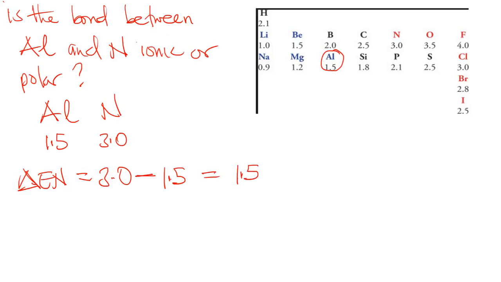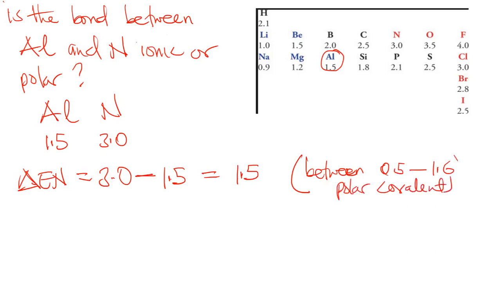So we know that between 0.5 and 1.6, it is polar covalent. So if we use that, we can comfortably say aluminum nitride is polar covalent.